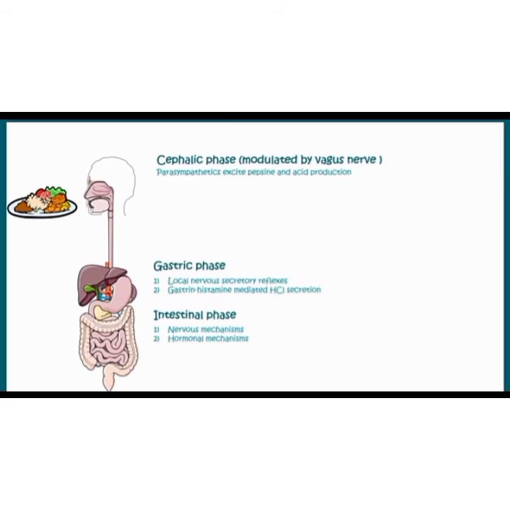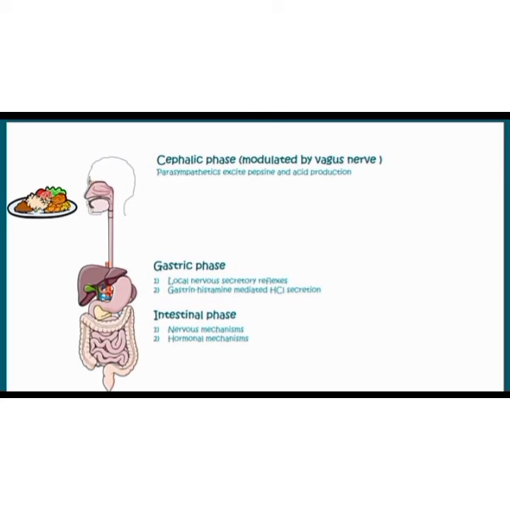The summary. There are three phases of HCl production. When you see food or just smell it, your vagus nerve activates the parasympathetic stimulation, which excites pepsin and acid production. Number two, the gastric phase.